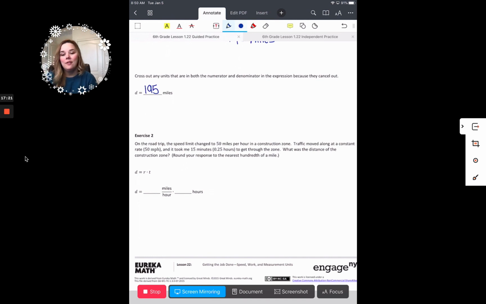All right, so we have our kind of equation frame. Our distance equals blank miles per hour times blank hours. So it says that on the road trip, the speed limit changed to 50 miles per hour. So our rate dropped down to 50 miles per hour. And it took 25 hundredths of an hour to get through this construction zone. So our hours cancel out. We're left with just miles. And we're going to multiply 50 times 25 hundredths.